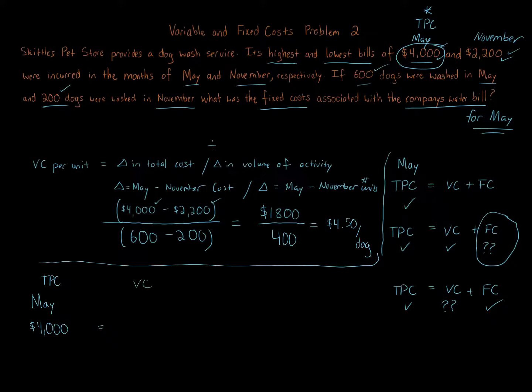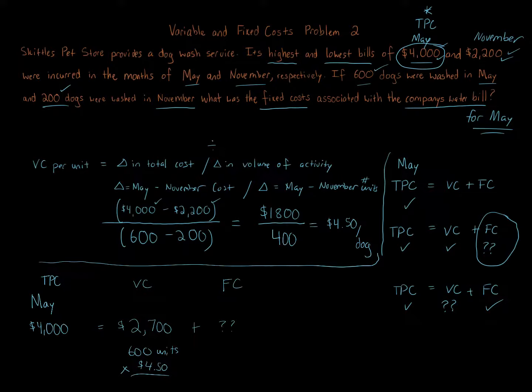Our variable costs are going to be 600 units, or 600 dogs. I keep saying units, just thinking dogs. 600 units times $4.50 per unit or per dog. And that gives us a variable amount of $2,700. And then we can solve for fixed costs, which we do not know.